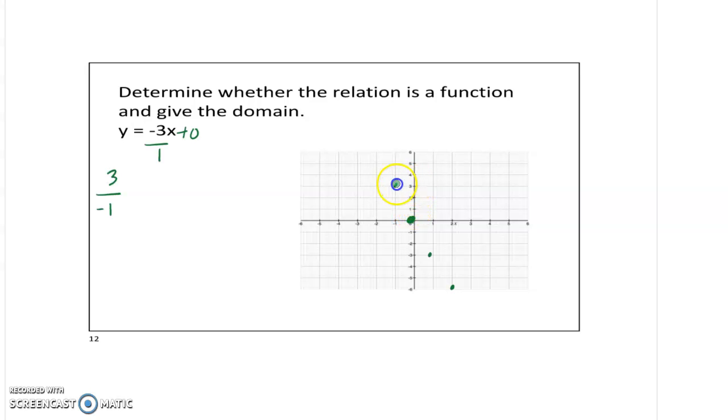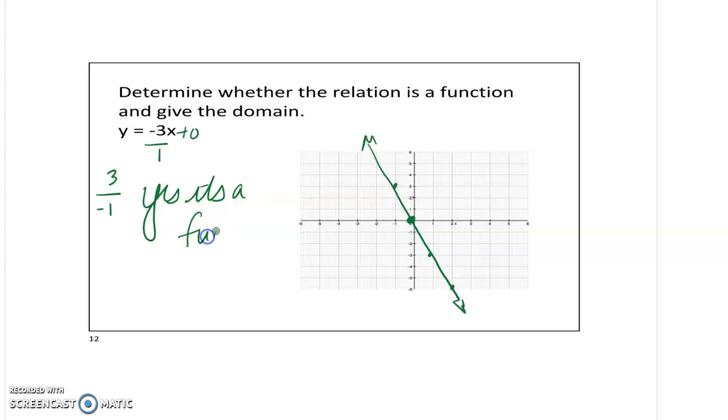And my line looks something like that. Is it a function? Sure, it's a function, because if I drew my vertical line test anywhere, it would not hit the graph more than one place. So yes, it's a function.